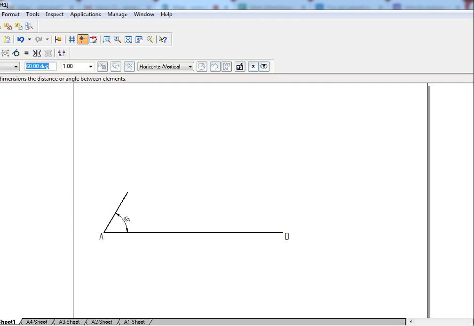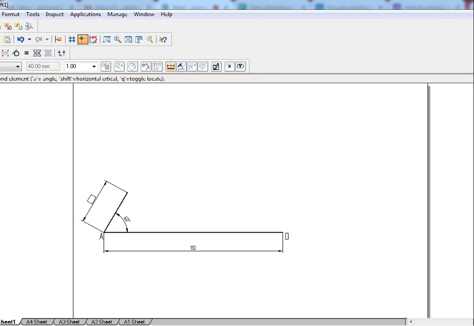And the length of AB is 40. Okay. So now this will be my point B. So I got this.